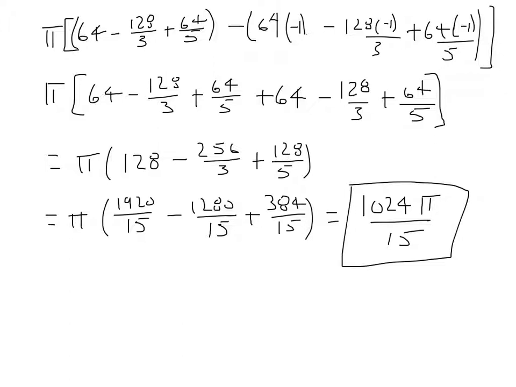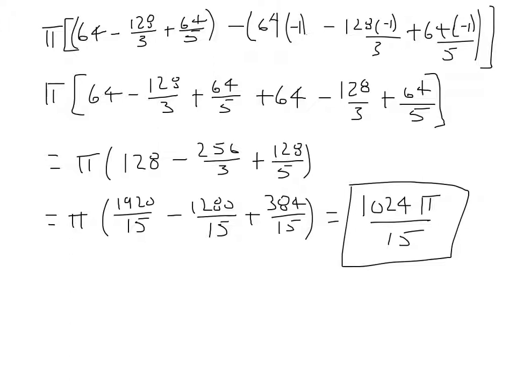And then removing these parentheses, all that's going to happen is we're going to distribute that negative, and we're going to wind up with minus 1 and a minus 1, giving us a positive 64. And then 1, 2, 3 negatives, giving us a negative 128 over 3. And then 1, 2 negatives, giving us a positive 64 fifths.